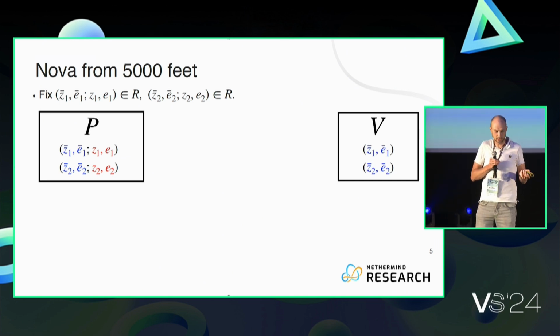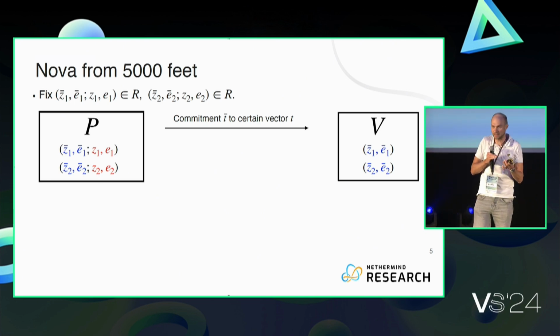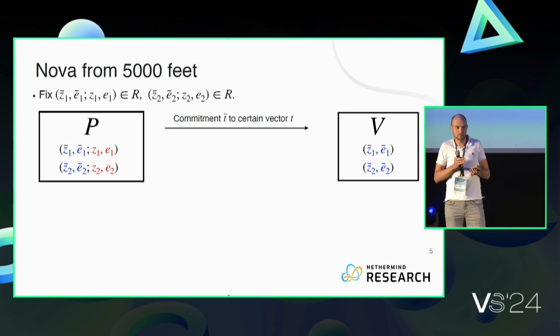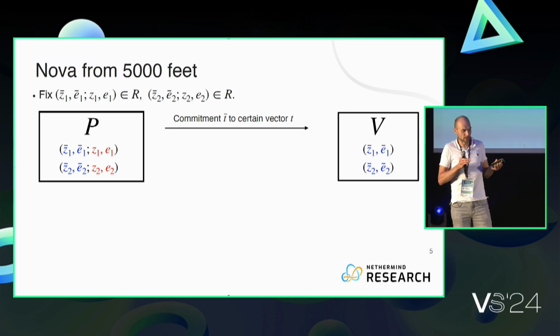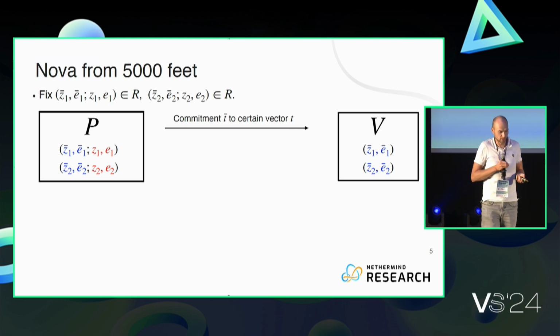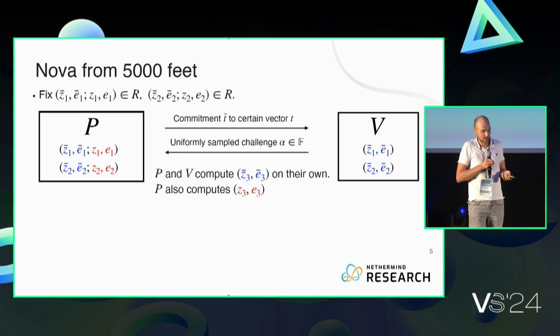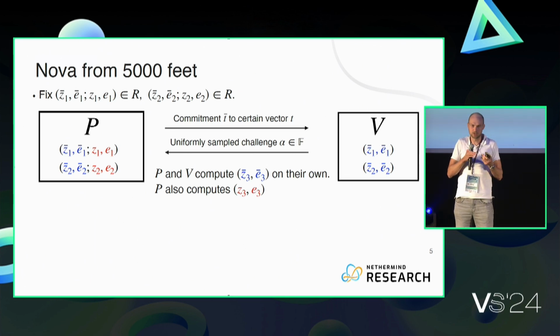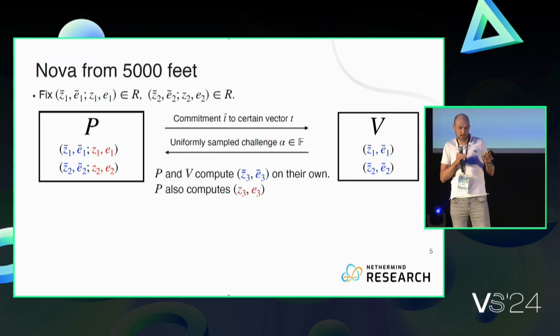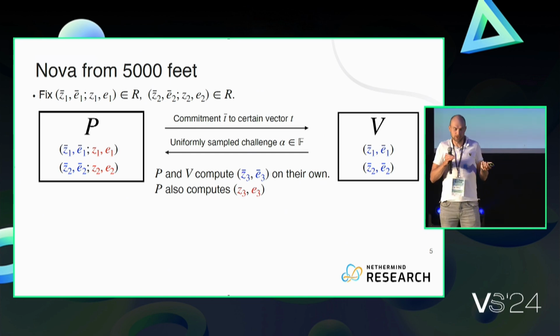The verifier learns only the public part. The prover commits to a vector T, a commitment to so-called cross terms. This is a big part of Nova. The verifier responds with some challenge alpha, and P and V jointly compute the folded relation Z3 bar, E3 bar on their own.